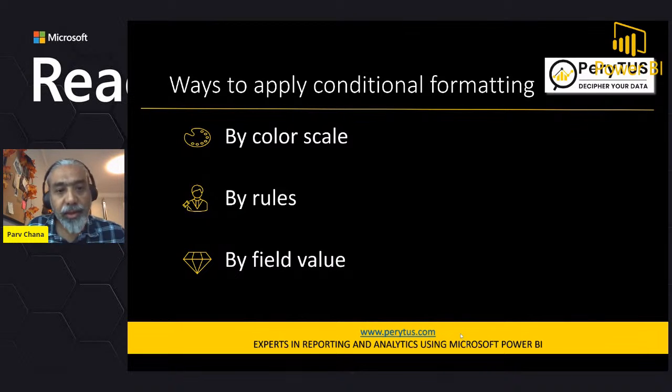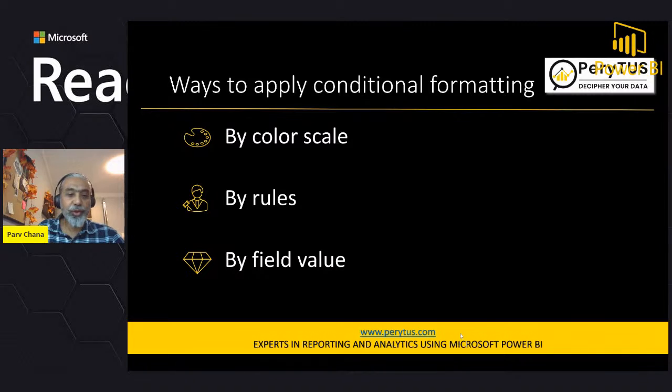Once we know what kind of conditional formatting we can do, there are further rules for how you can actually apply it. For example, it can be on a color scale. You give the starting point, like red, and the ending point, green, and maybe diverging with yellow in between.